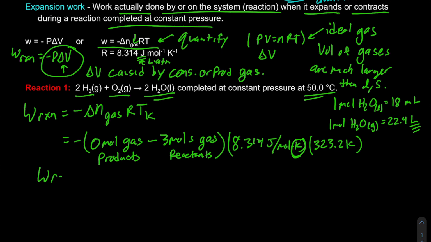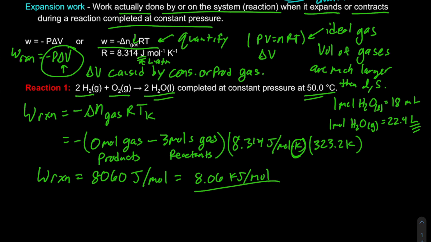So we would get the work for our reaction here to be equal to 8,060 joules per mole, or maybe if we want to put it along the same lines of energy that we would see for our free energy, our delta G, we could also say this is 8.06 kilojoules per mole. So much smaller.